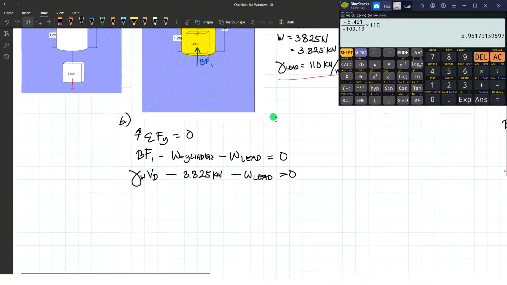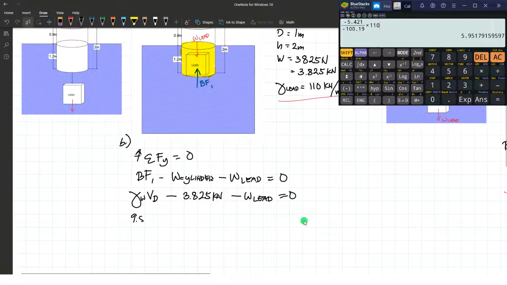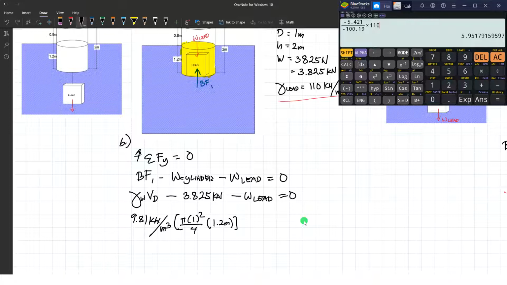Okay, so substituting now, unit weight of water, kilonewtons per cubic meter. Volume displaced, again, the volume displaced is just the volume for the cylinder. So the volume displaced by the cylinder, we have pi d squared over 4 multiplied by 1.2 meters. Okay, subtracted by 3.825 minus weight of lead equals to 0.